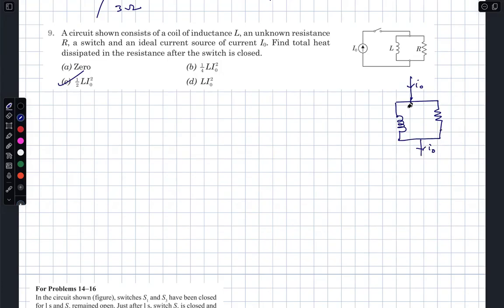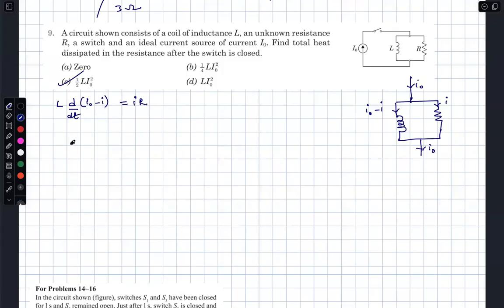So what I feel is, let a current I pass through this. The I naught minus I will pass through this at an instant. L d by dt of I naught minus I is IR.